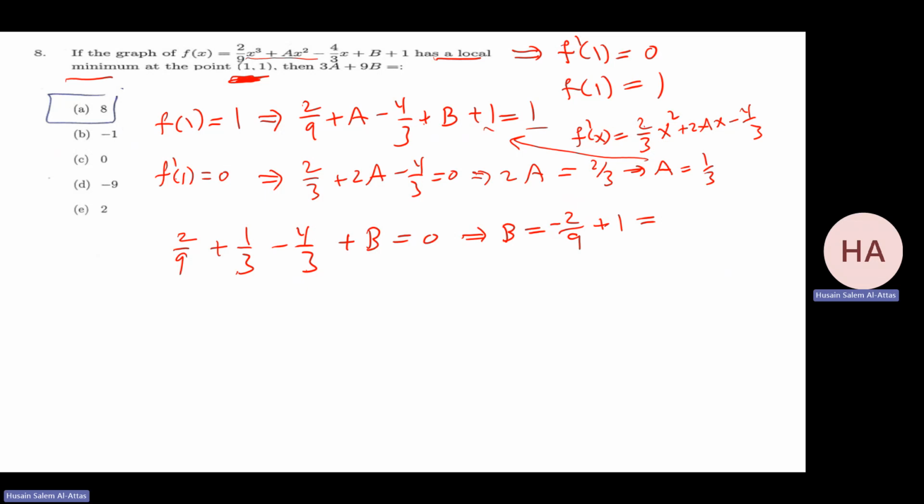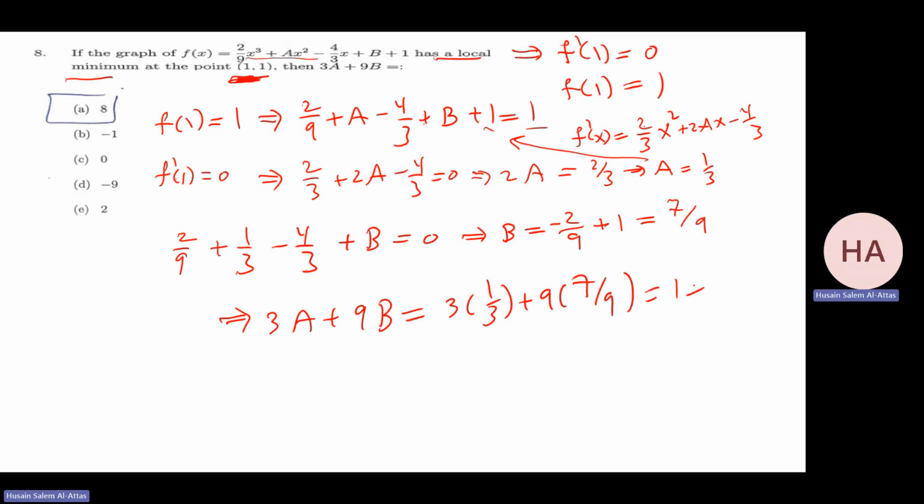That will give me what? 7 over 9. So that implies 3a plus 9b will be what? 3 times 1 over 3 plus 9 times 7 over 9. That will be 1 plus 7, which is 8. That's the answer.